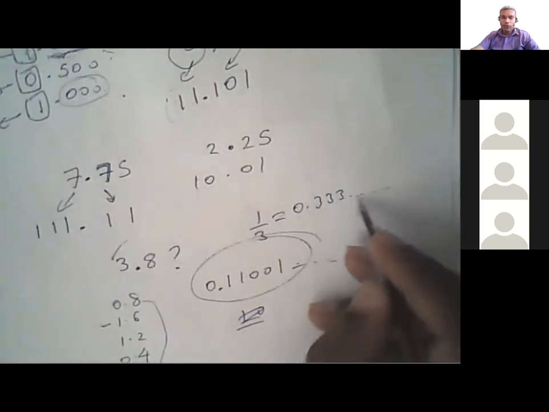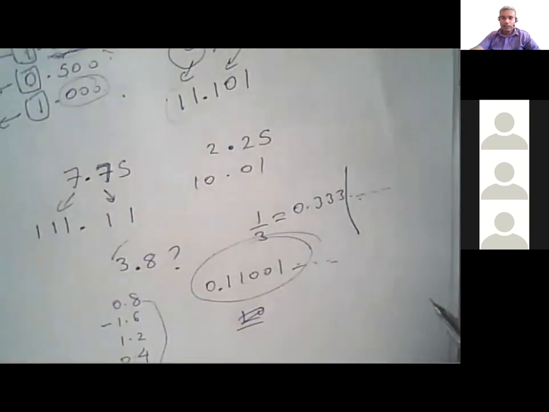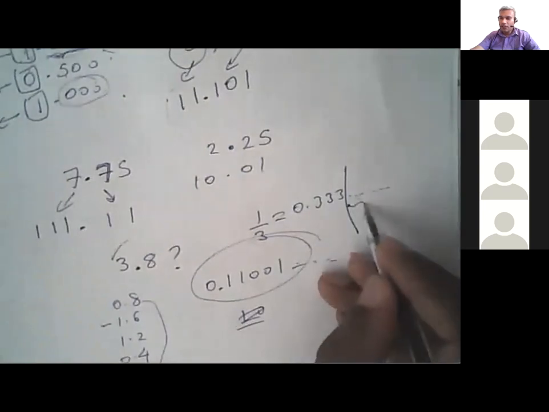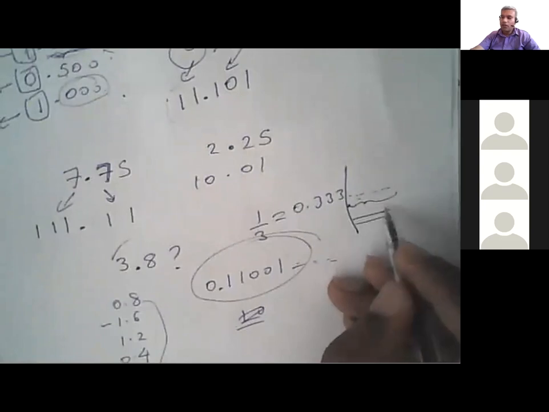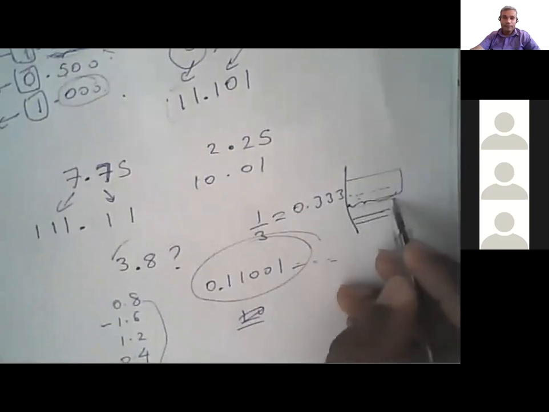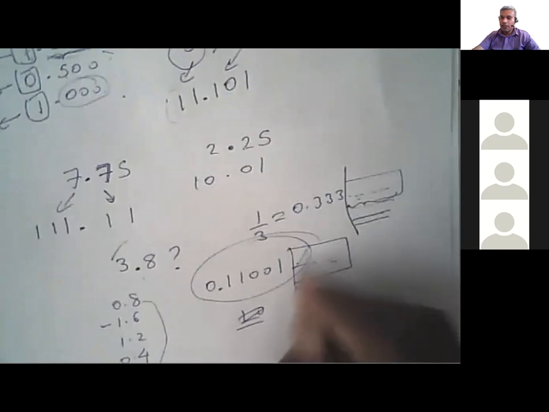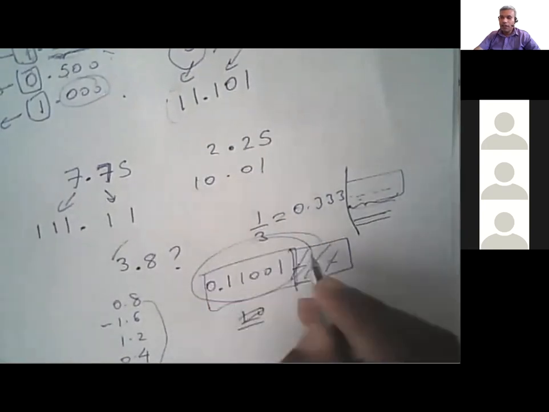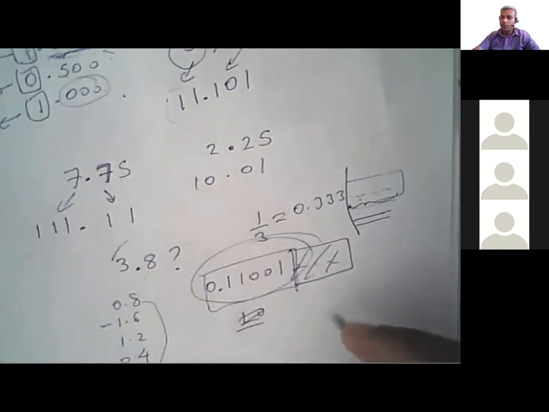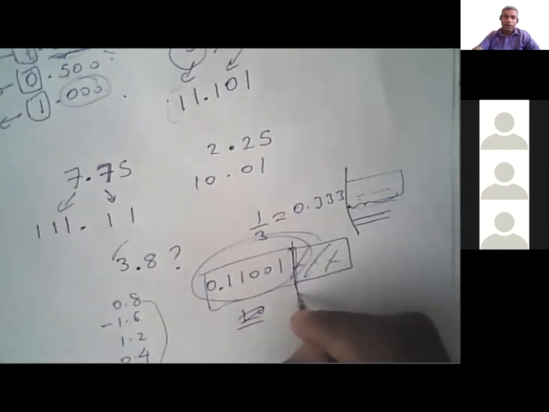So at some point you have to finish it and you have to truncate it, right? So that means you will be introducing a little amount of error because you are neglecting some amount of values at the end. Similar thing will happen in the binary. Now a computer can't have infinite length number inside it. It has a finite memory. So after some point, it will decide, okay, this number of decimal places are enough.